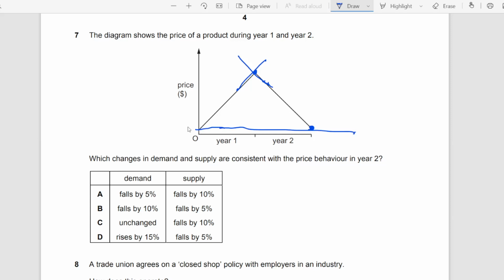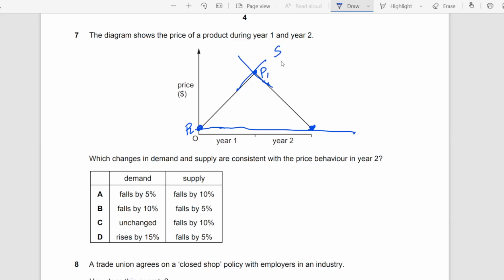Let's say this is P1 and this is P2, so for the price to get down to this point, your demand should fall, or your supply should increase.